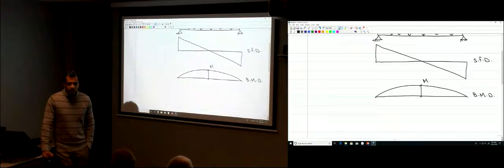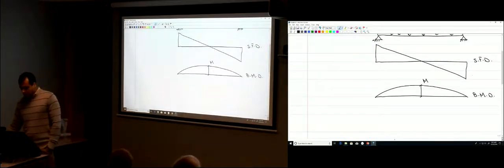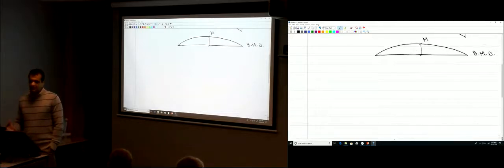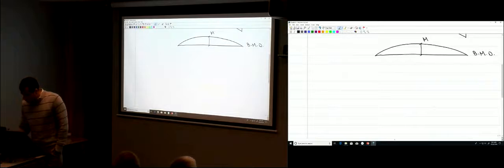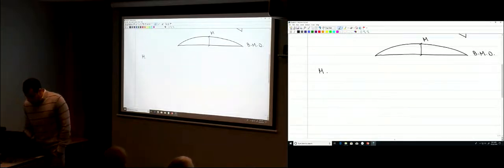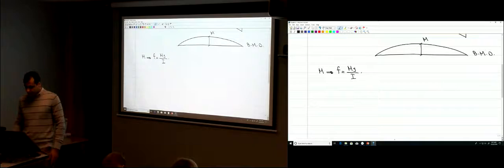Compression and tension, so it's normal stresses. If the stress-strain relationship is linear, the bending moment M would give you normal stresses, f, which is equal to My over I. So it's normal stresses.